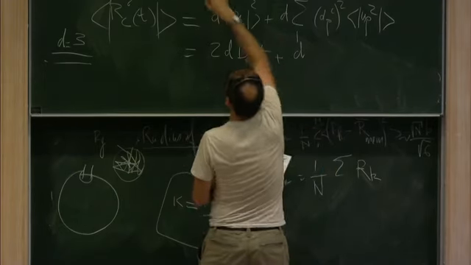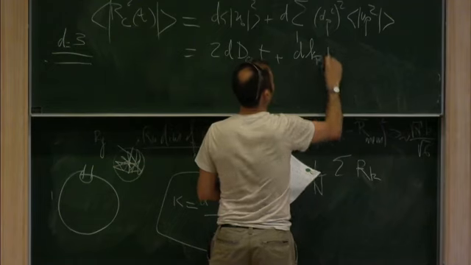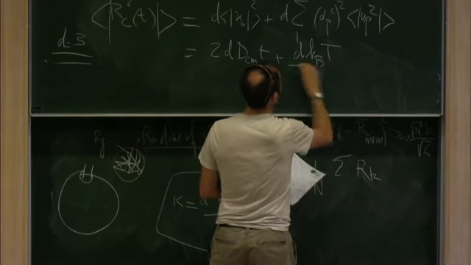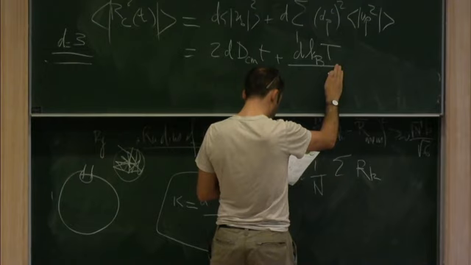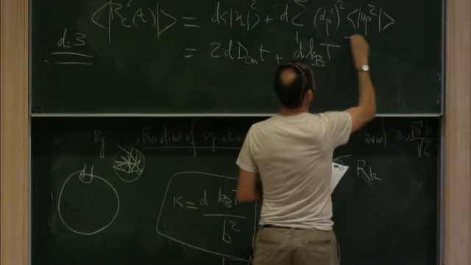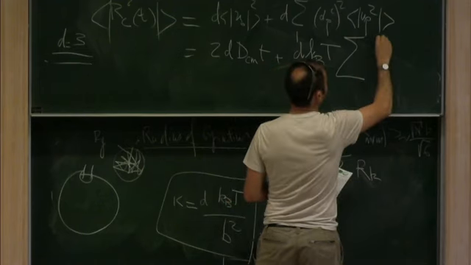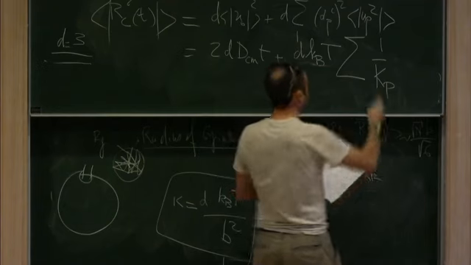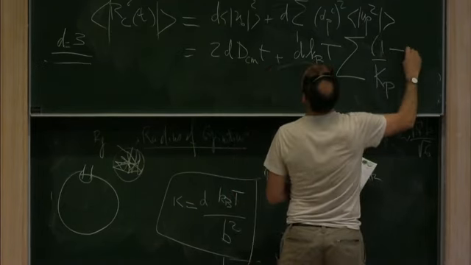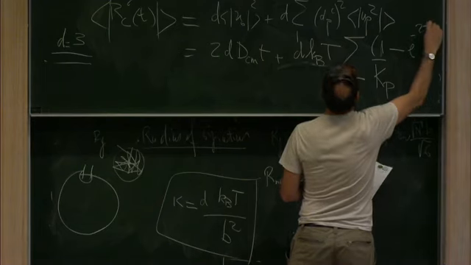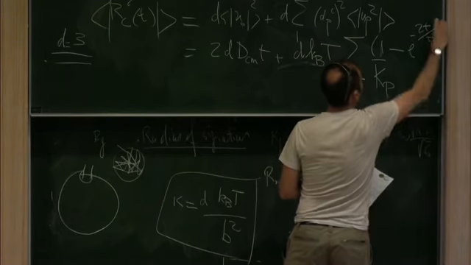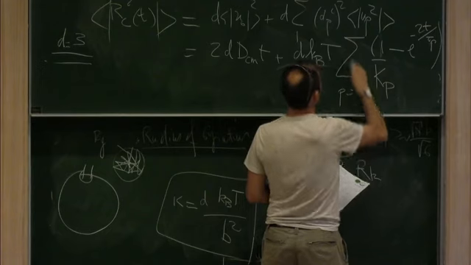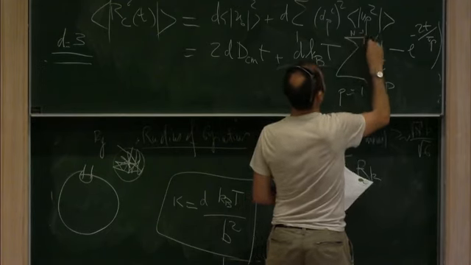So let's replace by k Boltzmann constant, temperature, divided by nothing, because the kappa p is going to be inside the sum, kappa p, and then 1 minus exponential of minus 2t divided by tau p. All right, from p equals 1 to n minus 1.